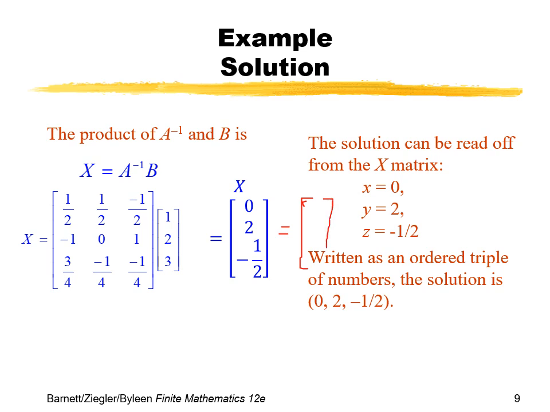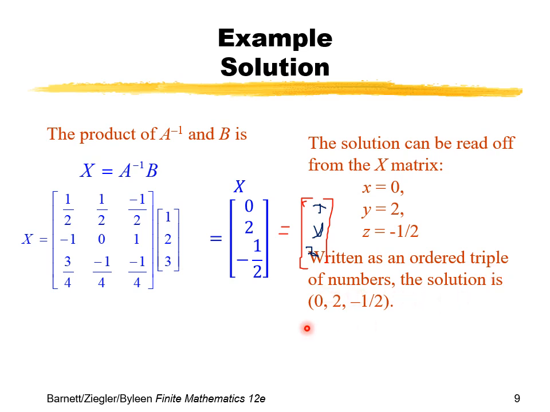x, y, 0. And as we know, when two matrices are equal, each element is equal to its corresponding element, so x will equal 0, y equals 2, and z equals negative half, and it can be written as an ordered triple of numbers.